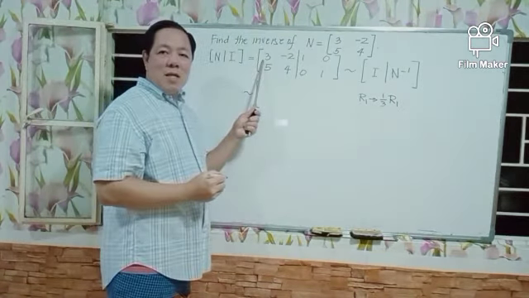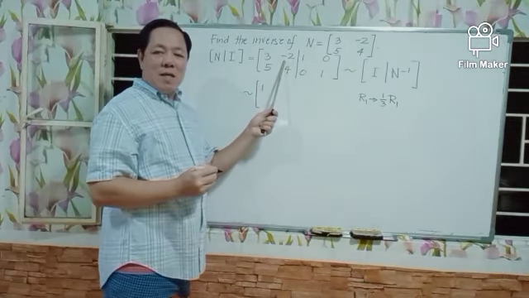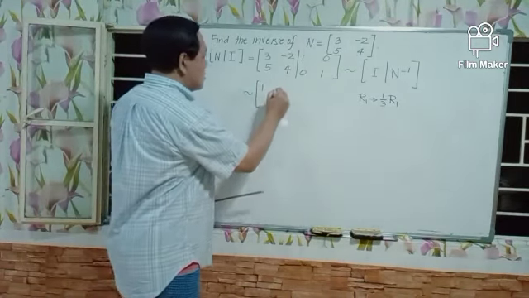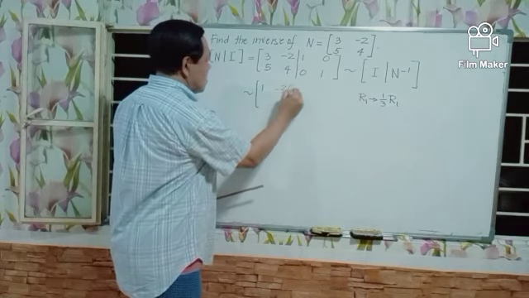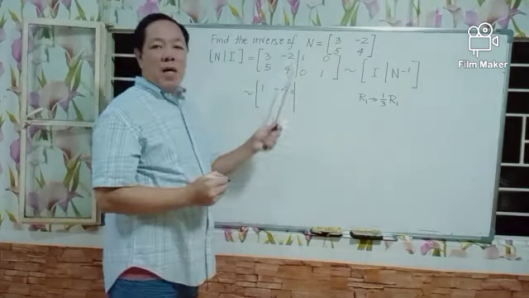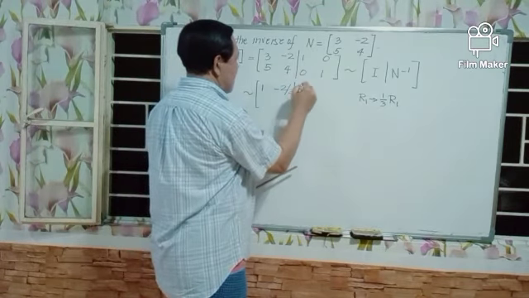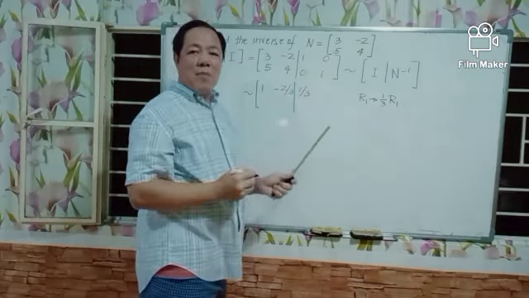3 divided by 3 is 1. Negative 2 divided by 3 is negative 2/3. One divided by 3 is 1/3. And 0 divided by 3 is 0.